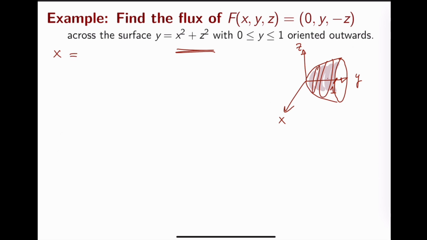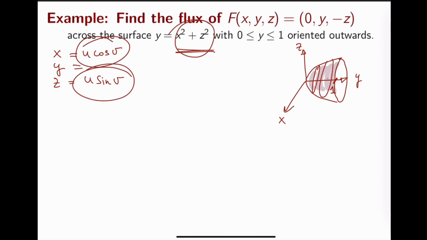So x is going to be equal to u cosine v, and z is going to be equal to u sine v, and then y is going to be equal to the square root of this plus this, which is just u squared.